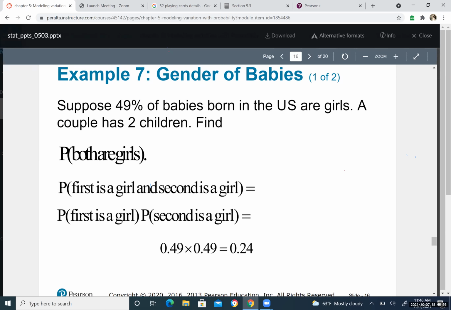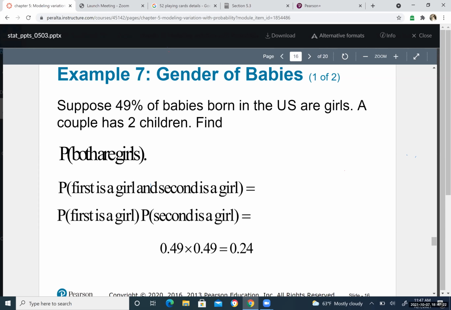This is more about independent events now. So what is it? Gender of babies. Suppose 49% of babies born in the US are girls. They're not talking about in a family anymore, right? They talk about the entire babies in the US.